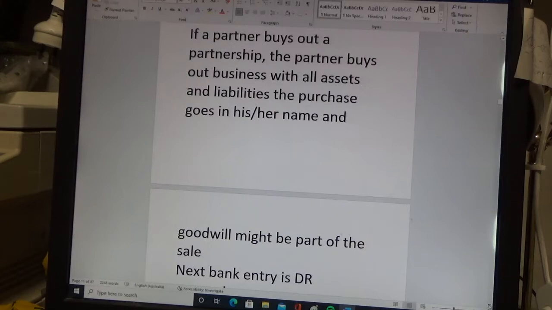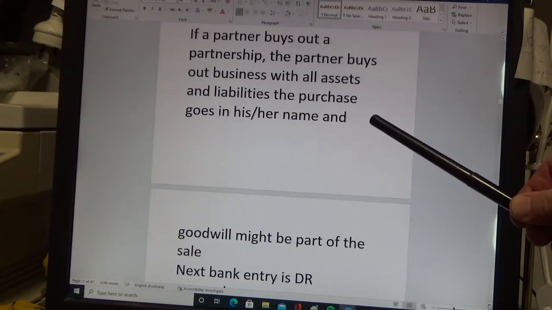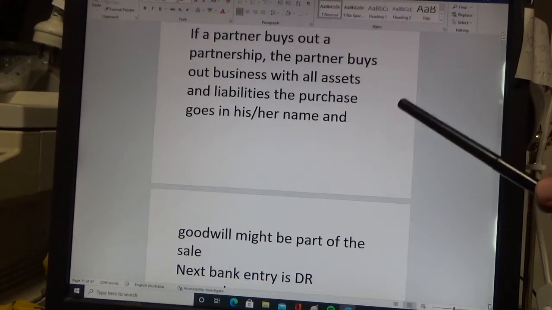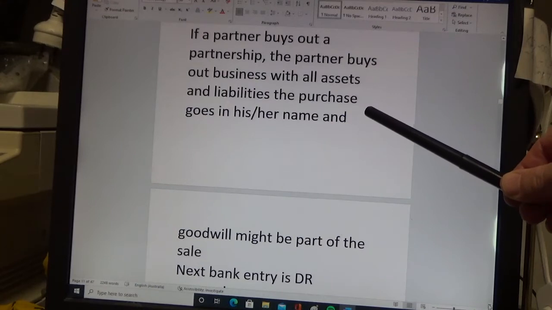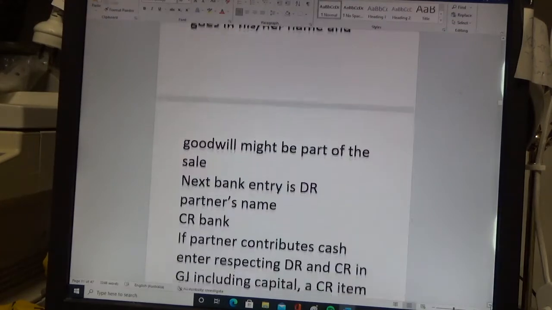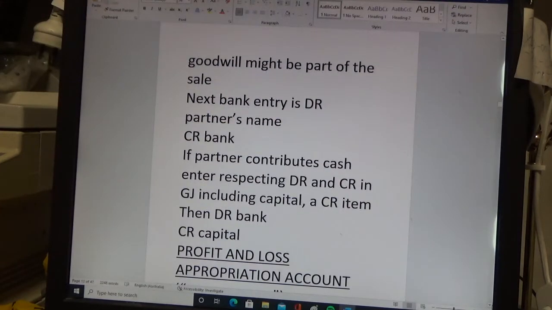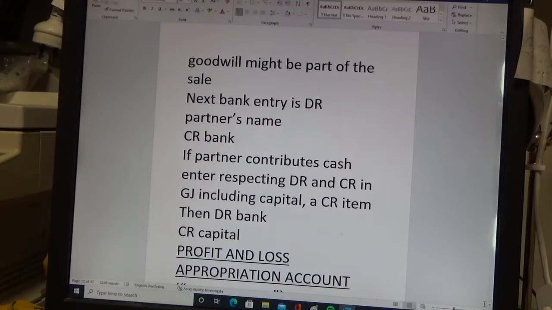So for the actual cash transfer to the partnership, you put the purchaser's name and credit bank. I'll show how you draw up goodwill. So yeah, that's what I was talking about. Debit partner's name, credit bank is in that list.